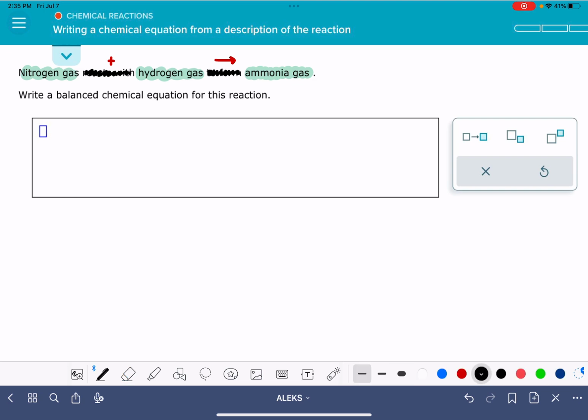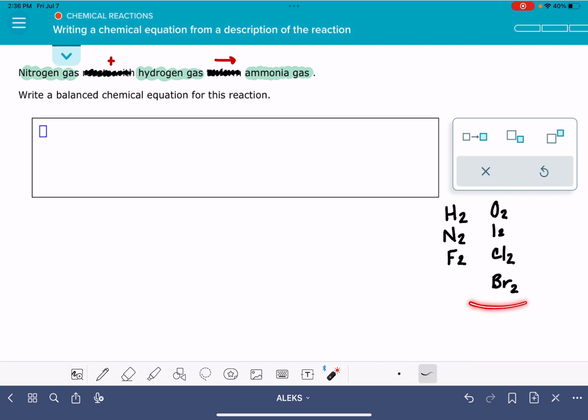And I'm going to give you a list of these because it's going to be really helpful for this problem. So hydrogen, nitrogen, which we have in this problem, fluorine, oxygen, iodine, chlorine, and bromine. All of these molecules exist as diatomic molecules.